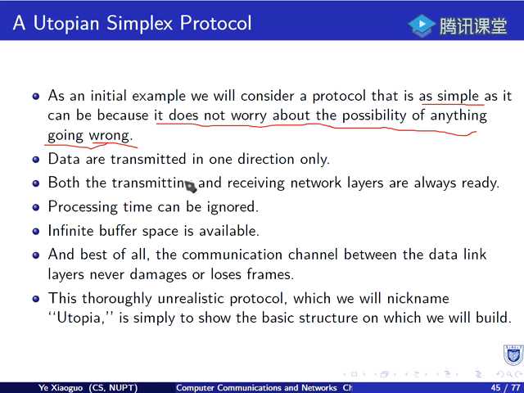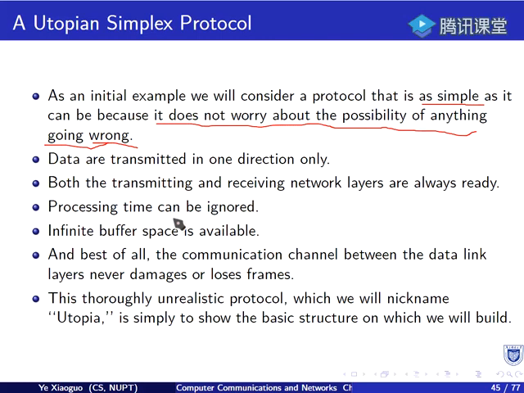So data are transmitted in one direction only. Assumption 1: data are transmitted in one direction, A to B. Both the transmitting and the receiving network layers are always ready.